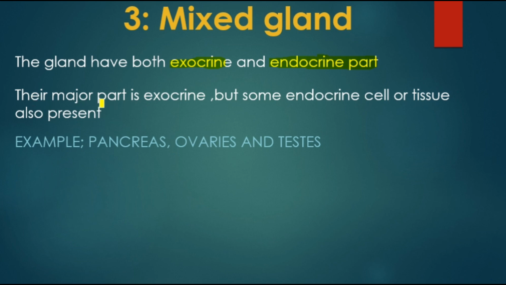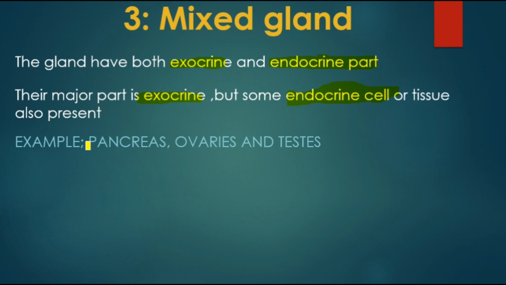The major part of this gland is the exocrine, but some endocrine cells or tissue are also present in the mixed gland. So this is the mixed gland, where both types, endocrine as well as exocrine, are found.